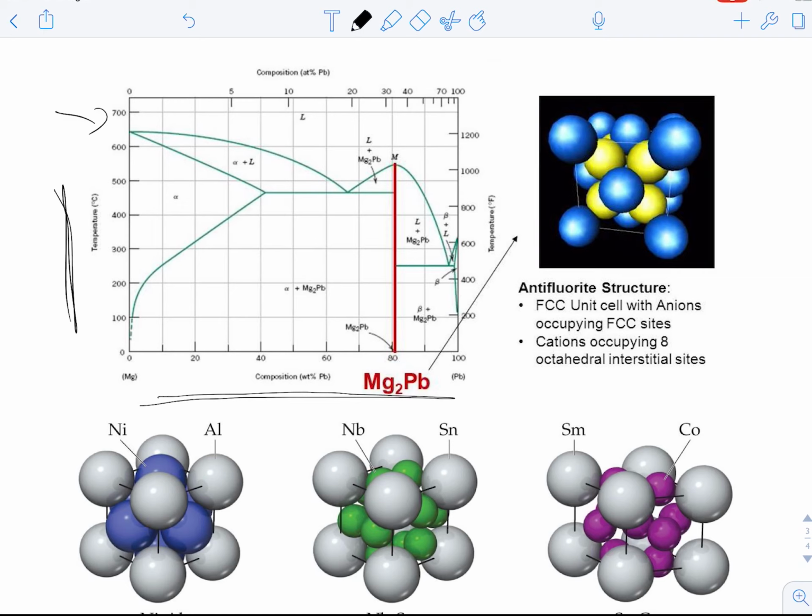So they take a combination of different metals, combine them, heat them up at certain temperatures and at certain ratios to get different compounds, and different phases of those compounds.